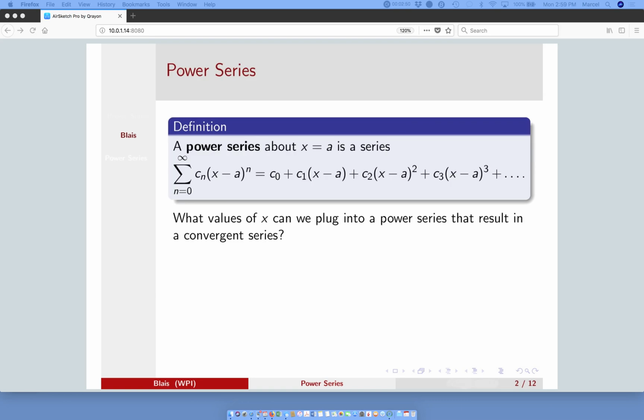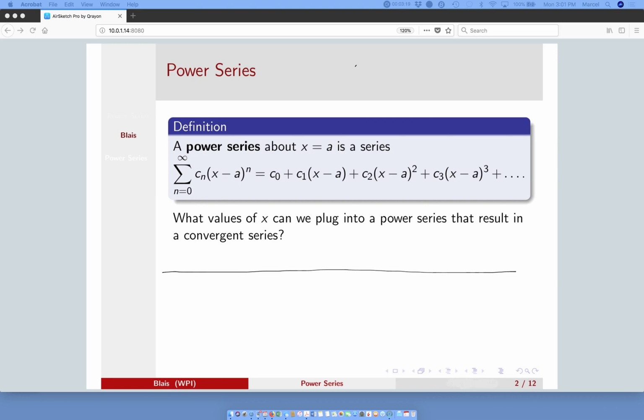But this is the key question. What are the values that are fair game? What values work? And the answer will always have the following form. The answer will always come in the form of an interval. So the way to think of this is as follows.